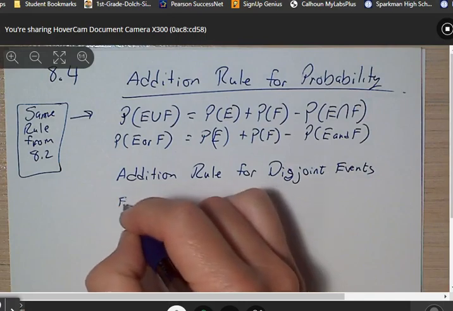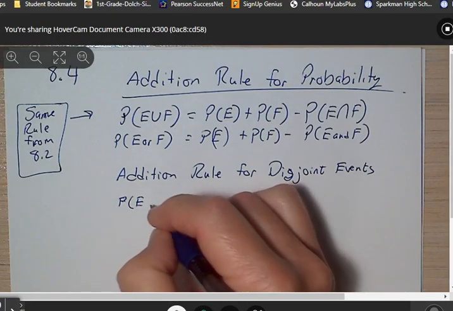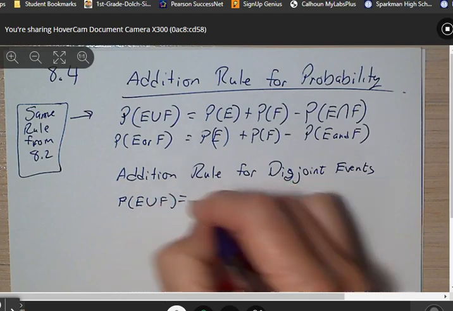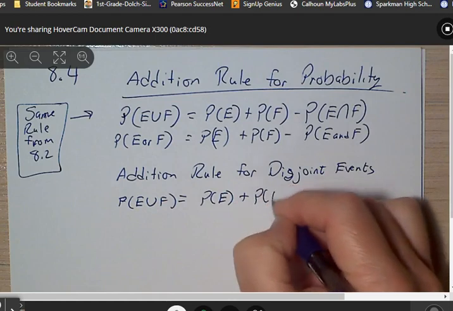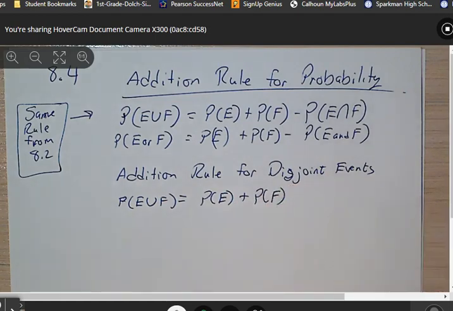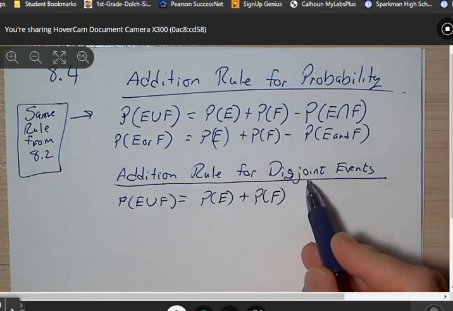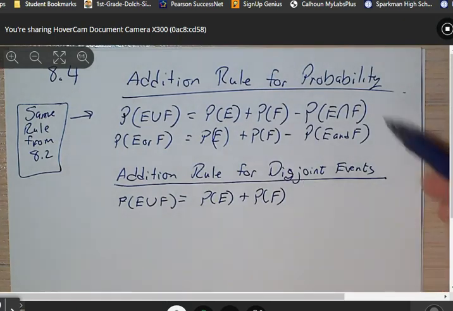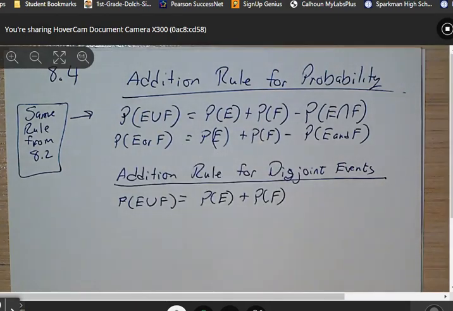So for that one, the probability of E union F is just P of E plus P of F, because they're disjoint. That means there's not going to be any overlap, so you don't have to worry about this part at the end. So it's just that front part of the addition rule that you have back there.